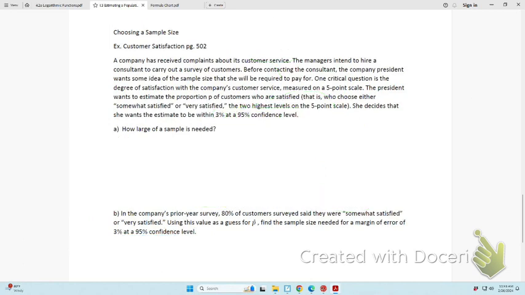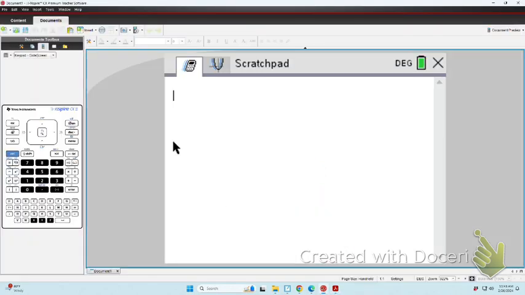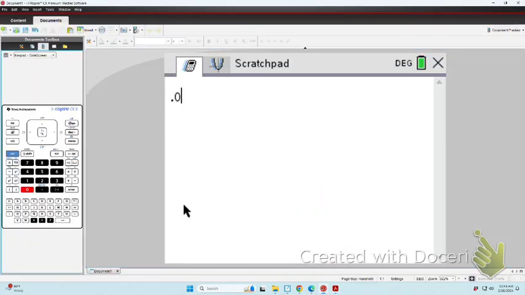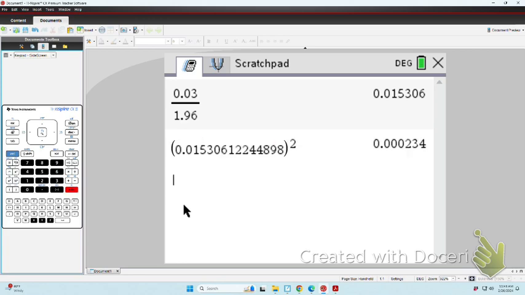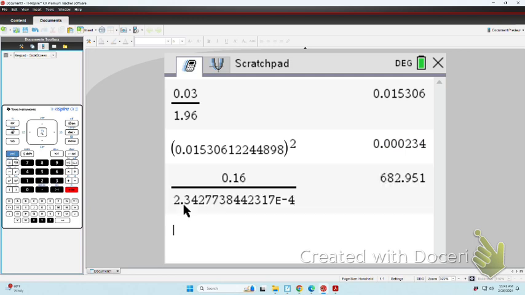If you want to see me do it, this is how I do it. I divide the margin of error by 1.96. Then I square it. Then I take p times its complement, and I divide by that tiny number. 682.95.